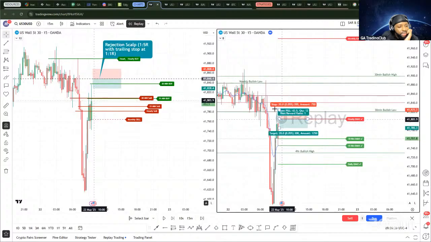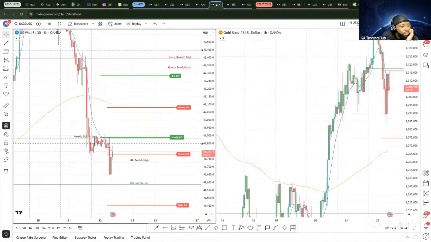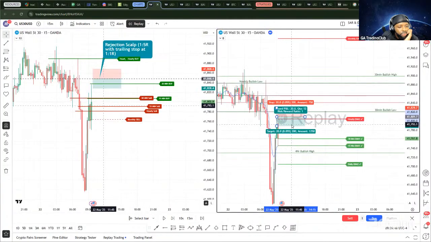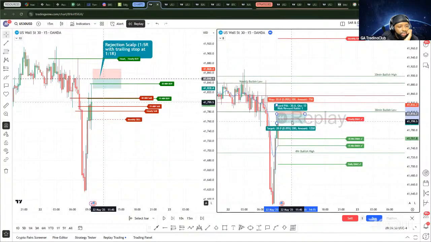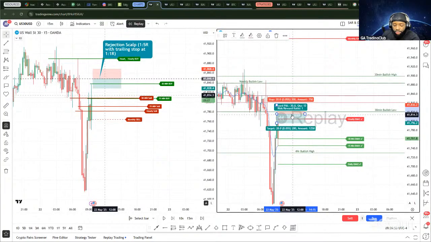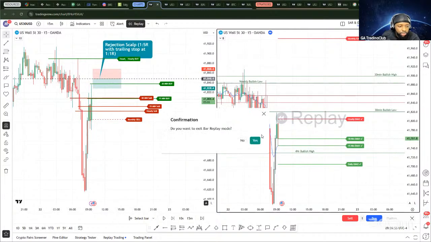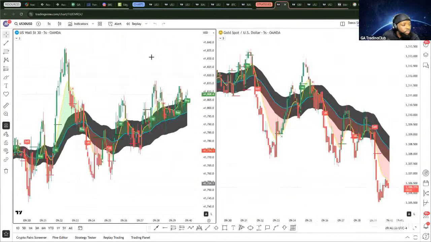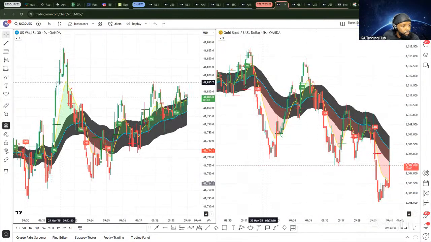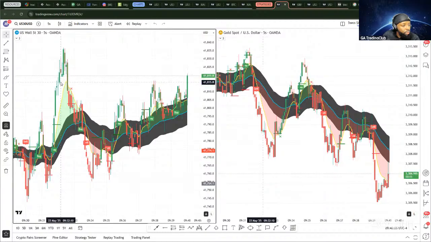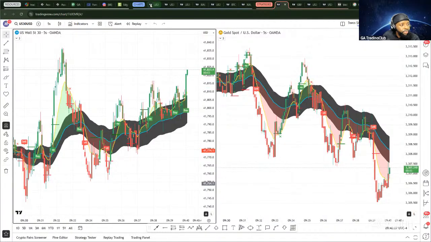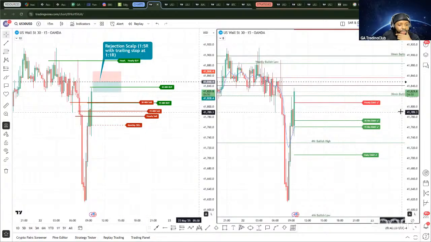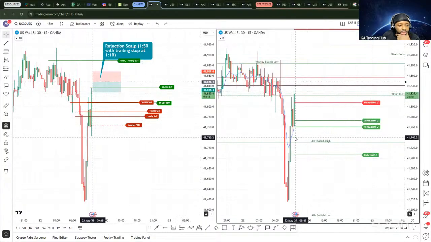So yeah, 805. This would have been 815. So that hourly EMA retest is no good.